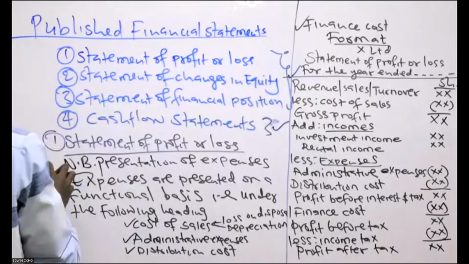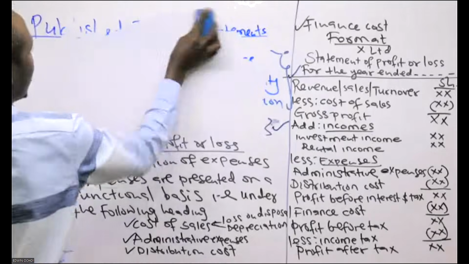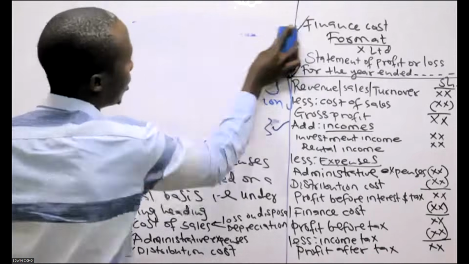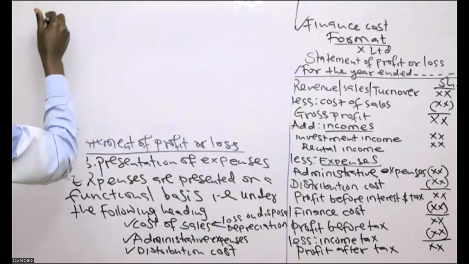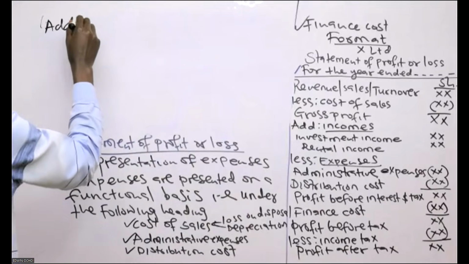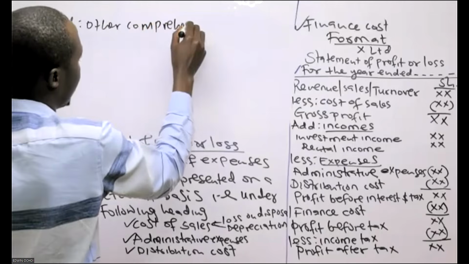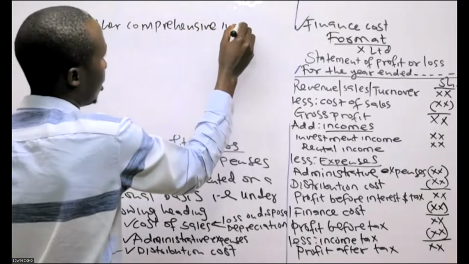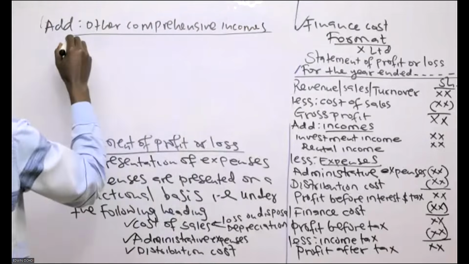After getting the profit after tax, we can add other comprehensive incomes.